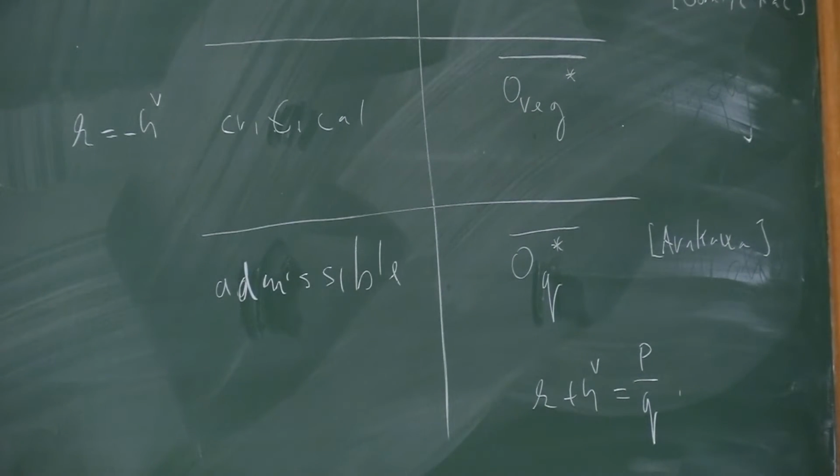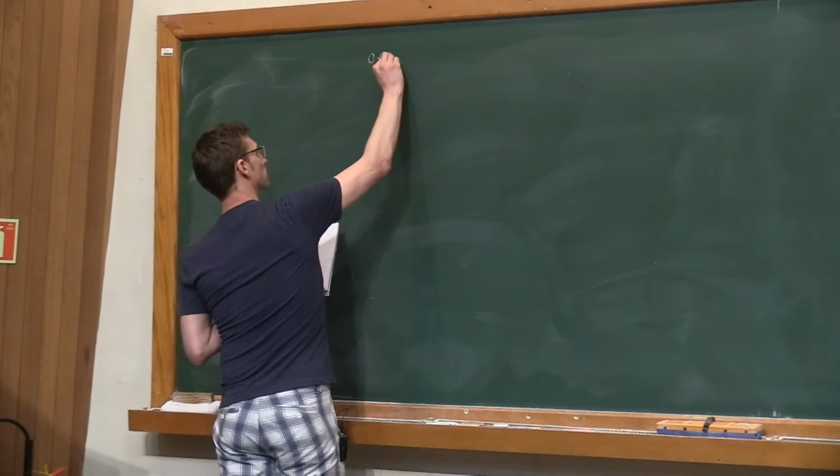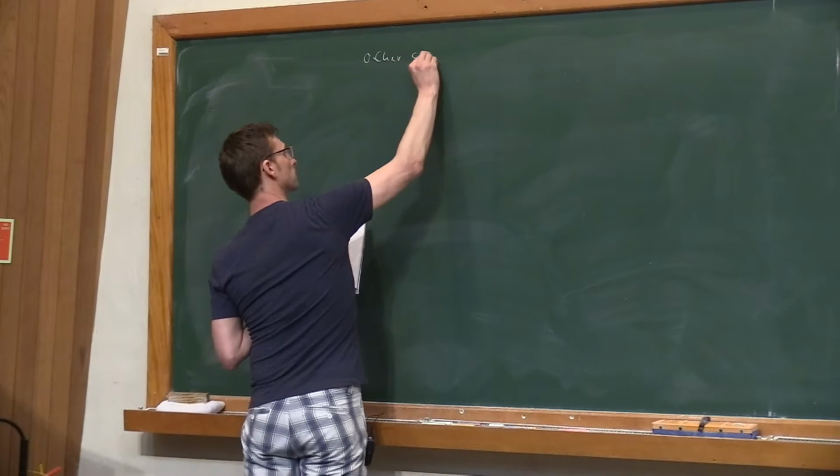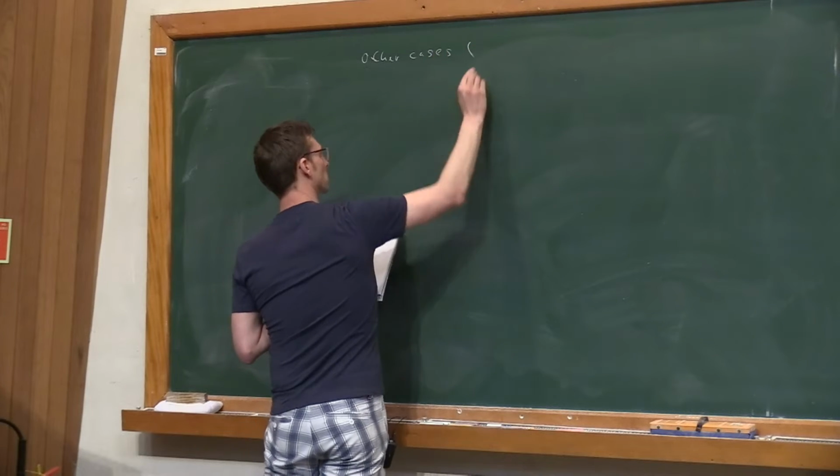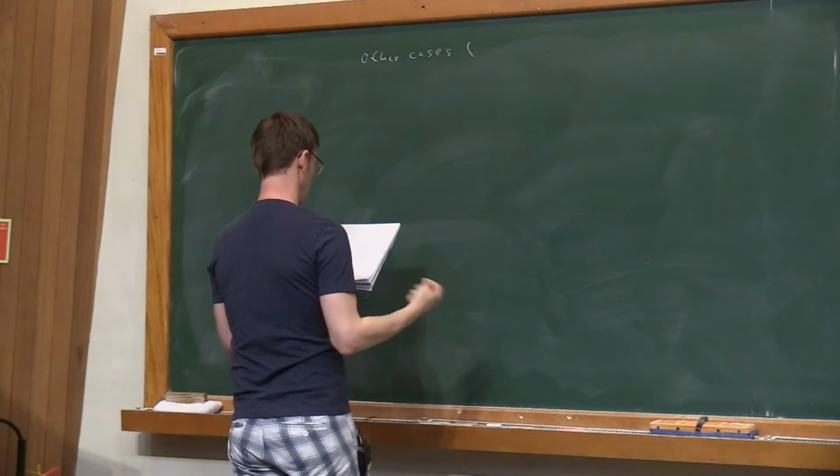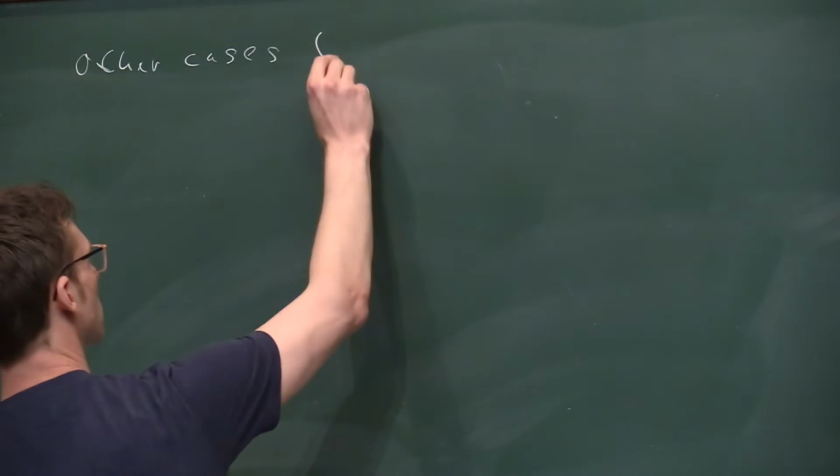But what about other cases? There are plenty of non-admissible levels. So what can we say about these levels? I mean non-admissible, non-generic, non-critical.